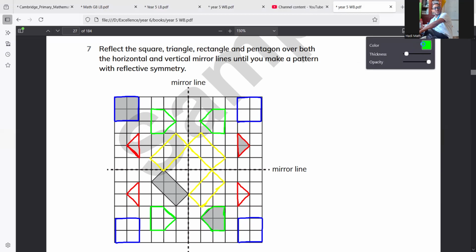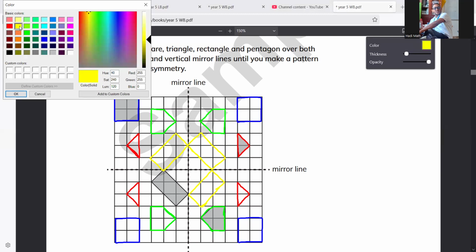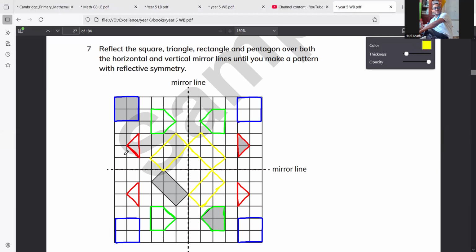Even regarding the rectangle, you can just make it yellow like the other rectangles you drew, so all of them will be the same color. I feel like these shapes, when you draw them with a ruler and with a pencil, will look very nice. This is how we could make this reflection.